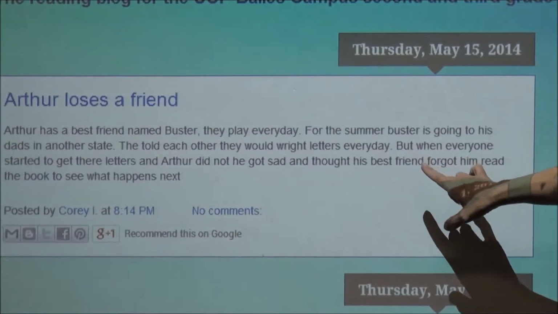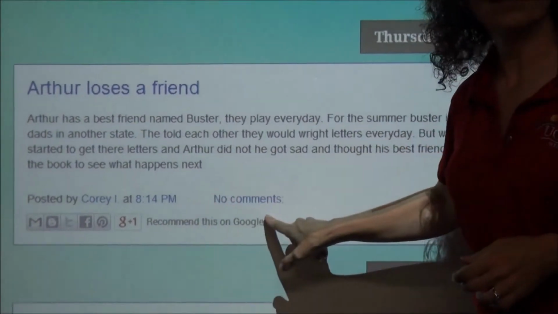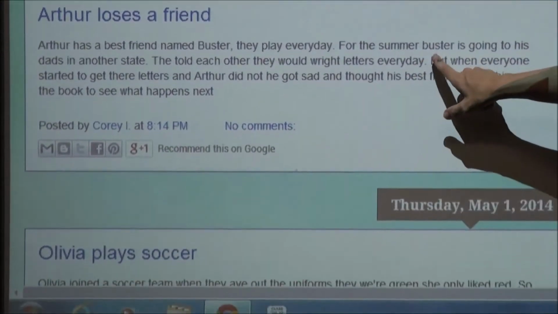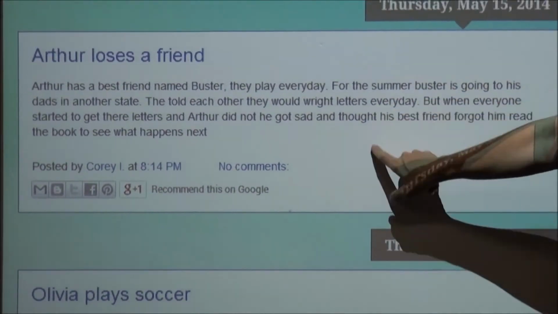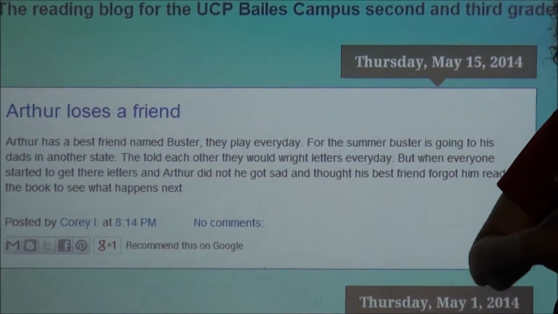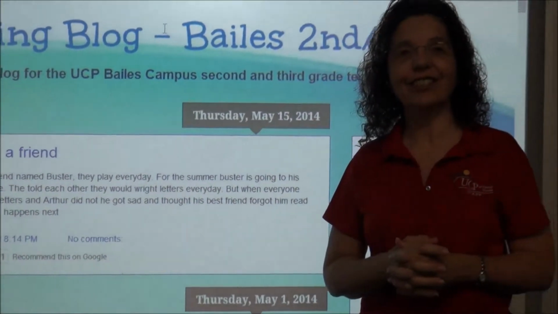What happens here is that students can comment on one another, which increases the writing skills and the communication, but it also gives us samples of their writing that we can sit as a group and critique and edit so that it improves their writing skills in addition to that.